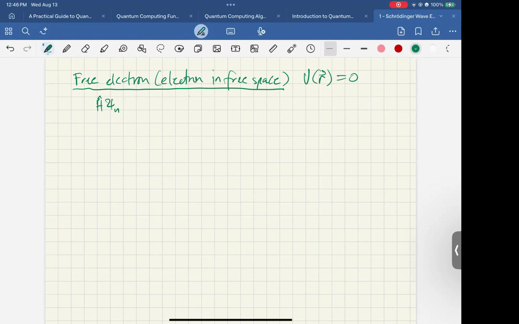Hamiltonian psi sub n of R is equal to E sub n psi sub n of R. If you notice, we started from the time independent solution instead of starting from the time dependent Hamiltonian. Why? Because the potential is 0.